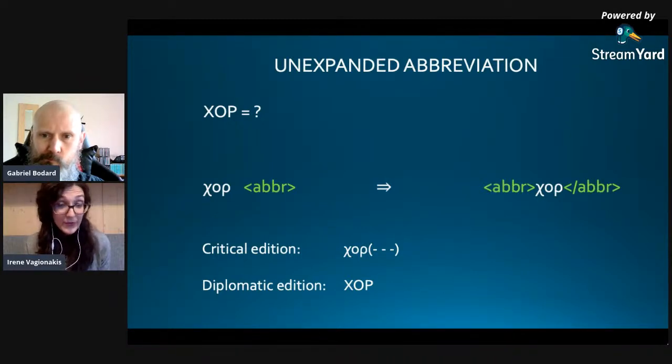And as for the final transformed output of this encoding, we can have in a critical edition hor followed by round brackets with dashes saying that we do not know how to expand this segment. And otherwise, in the diplomatic edition, we can have just HOR uppercase with nothing more.